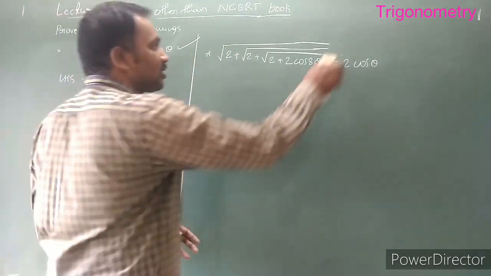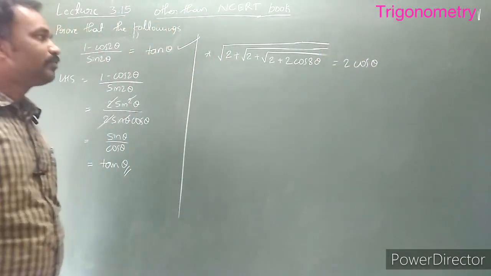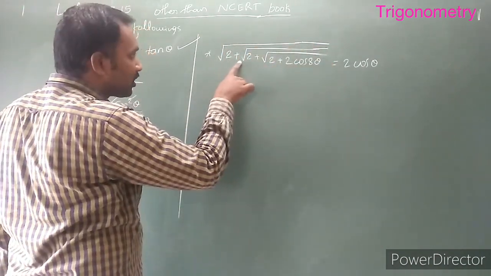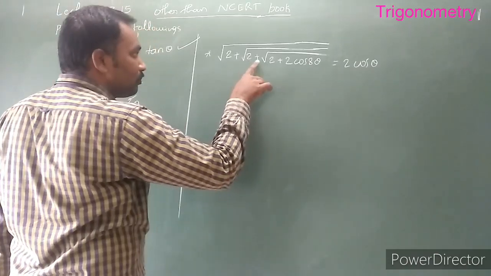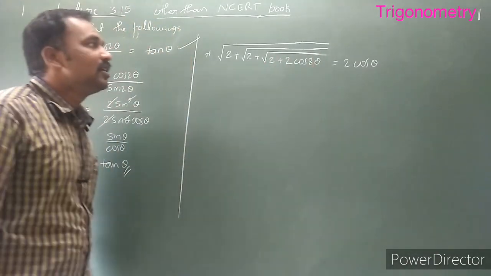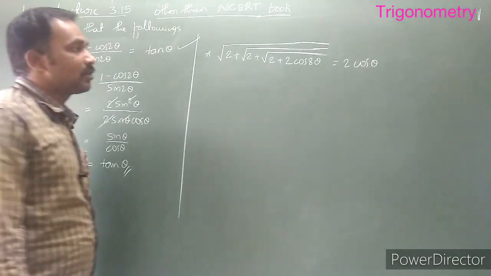Prove that LHS is equal to RHS. What is the value? Check it. Square root of 2 plus again square root of 2 plus again square root of 2 plus 2 cos 8 theta is equal to 2 cos theta.